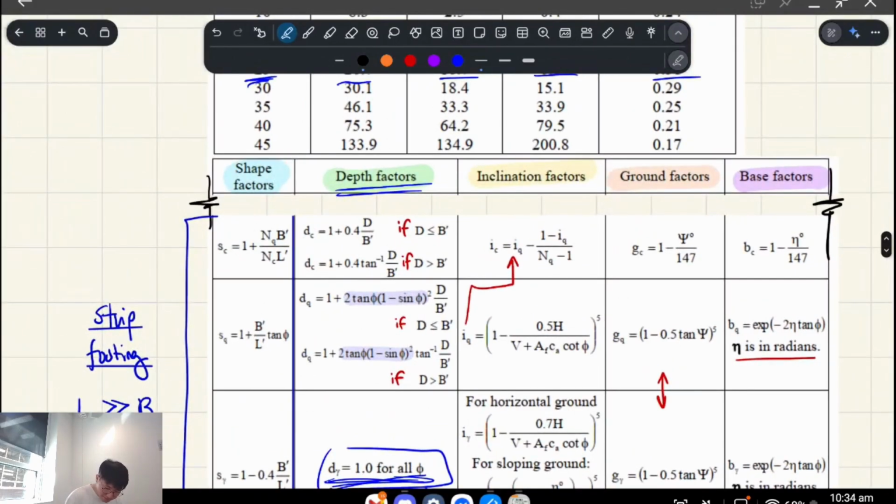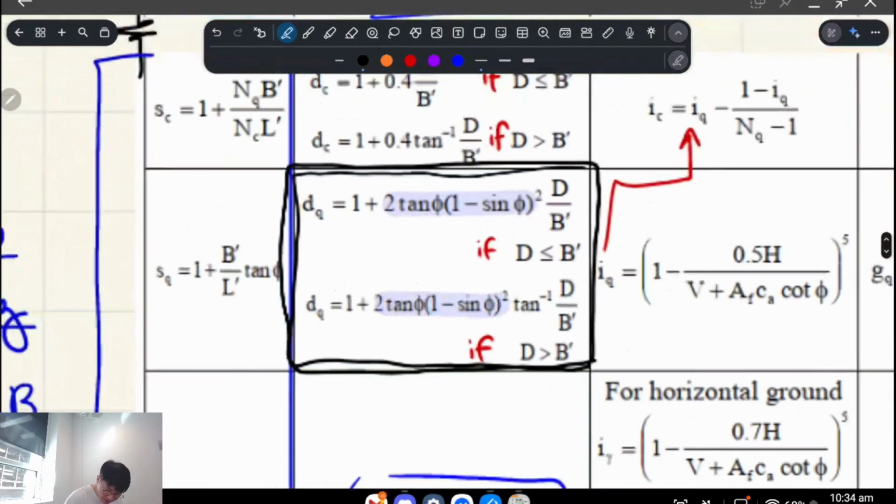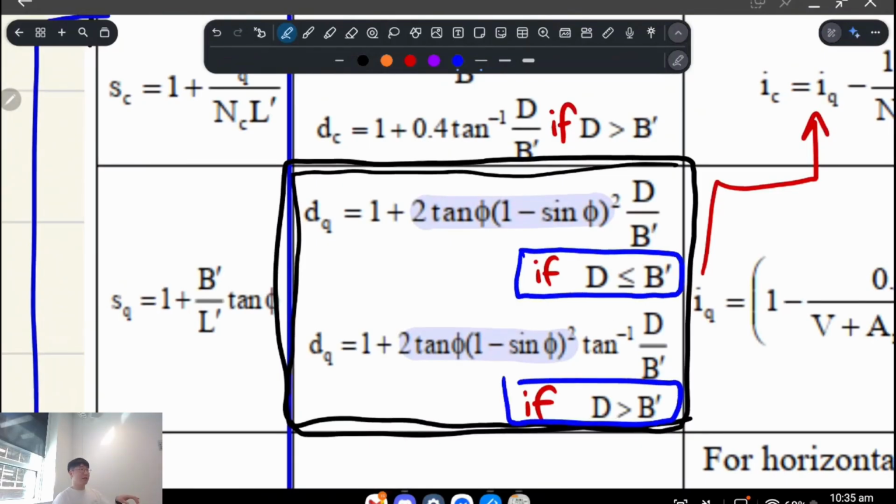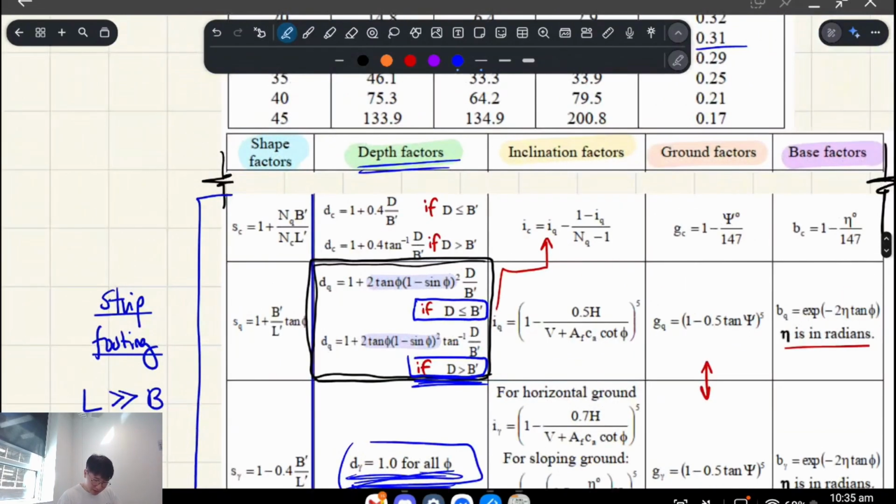So DQ, right? If we're focusing on this part of the table here, what you'll see is it has 2 different formulas depending on whether your depth is less than or equal to your effective width, or if depth is greater than your effective width, right? So just pay attention to which one it is.